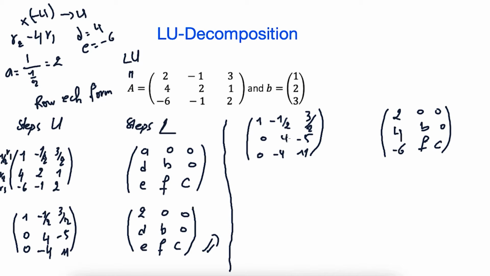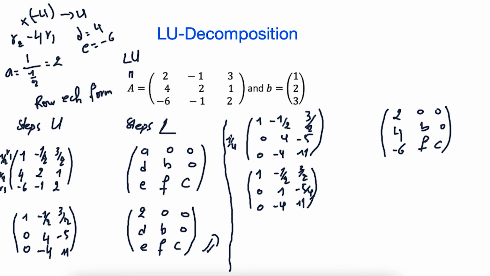To get 1 here, we will multiply by 1/4, because here we have 4, and we want to get 1. So this matrix will be 1 -1/2 and 3/2, and when we multiply by 1/4, it will be 0, 4/4 is 1, and -5/4, and here we won't change anything for now for these steps.